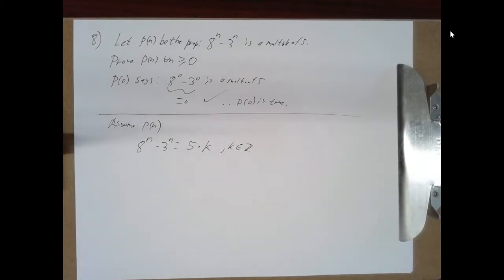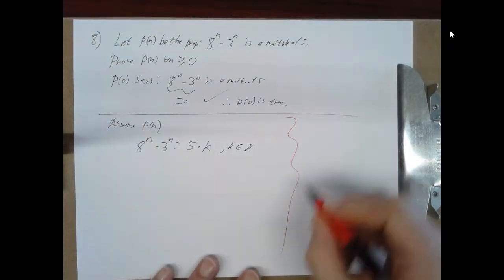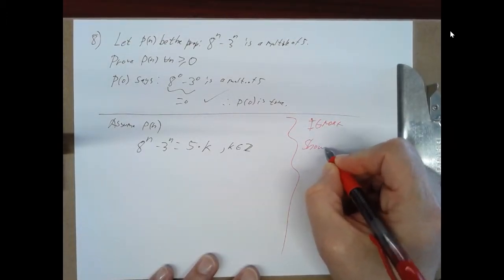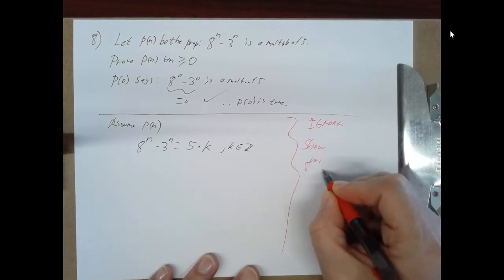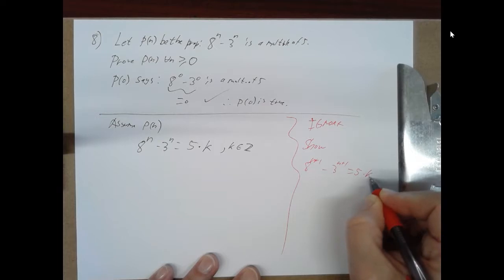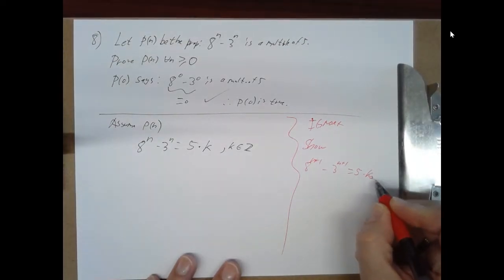So let's do our ignore section. And we want to show a to the n plus 1 minus 3 to the n plus 1 equals 5 times some constant.